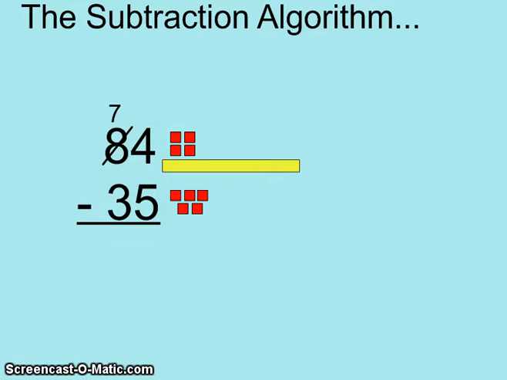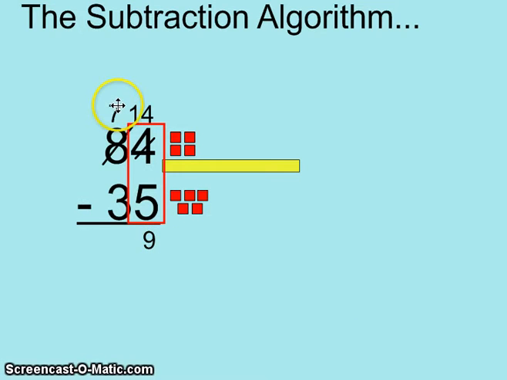Now, I can go ahead and imagine that instead of having a 4, really I have a 14. And I'm going to go ahead and cross out that 4. Now I have 14 minus 5. 14 minus 5 is 9.